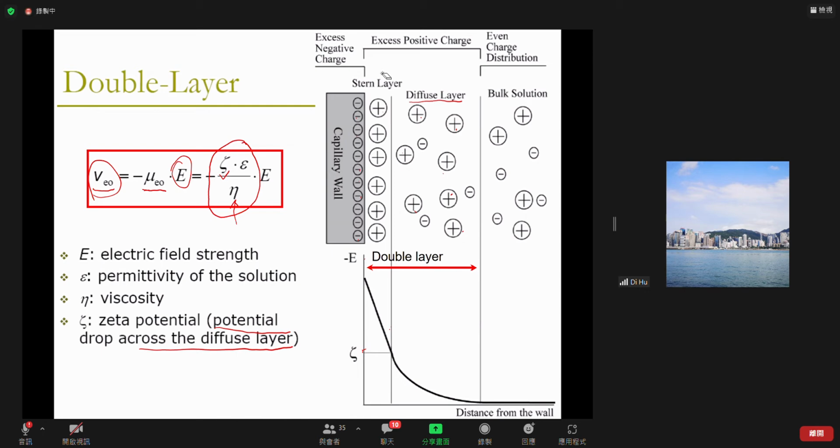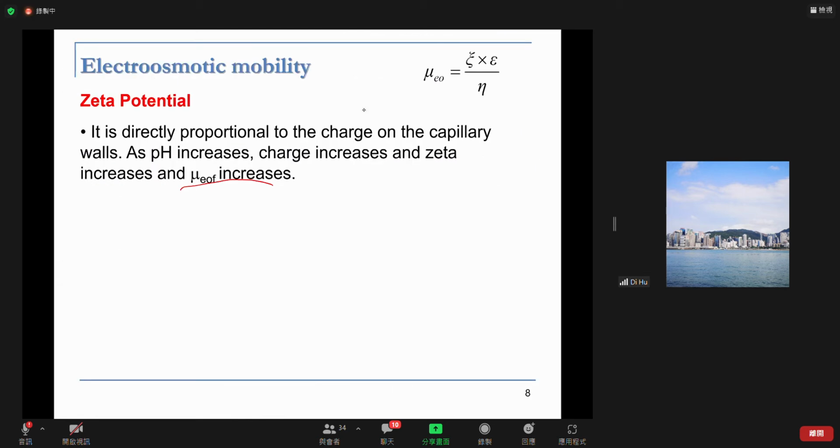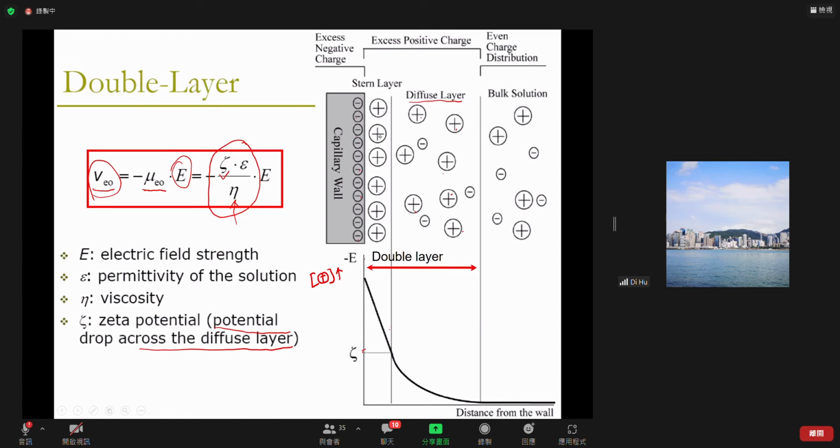So now, if the concentration of the buffer solution increases, if the concentration of the cations increases, can anyone tell me, are you going to have more cations in this fixed layer or fewer cations?